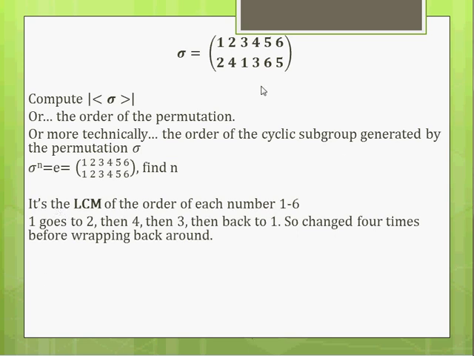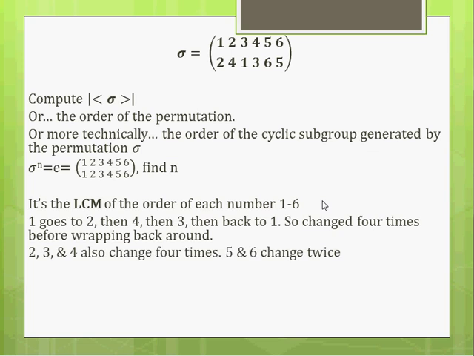And it turns out to just be the LCM of the order of each of our numbers, 1 through 6. So if we take 1, for instance, 1 goes to 2, 2 goes to 4, 4 goes to 3, and 3 goes to 1. So it went back to itself after 4 permutations. And if you do it for the others, 1 through 4 are all going to wrap back around after 4 times, and 5 and 6 will wrap back around after 2 times, right?